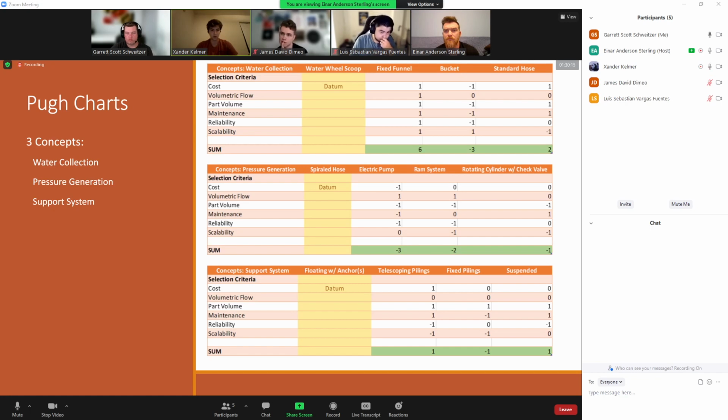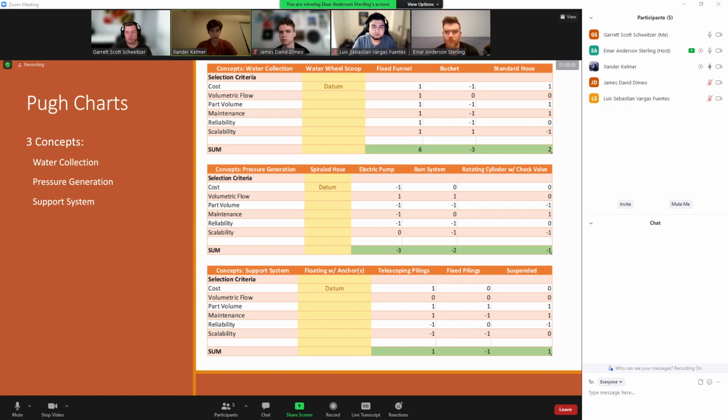Our second product function that we investigated was pressure generation. For that, we have the spiraled hoses as the datum, and then we have an electric pump, a ram type system, and a rotating cylinder with a check valve. The spiraled hose design ended up being the best.